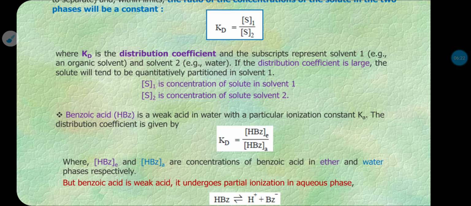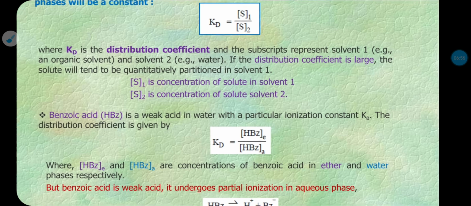Solvent 1 is the organic solvent and solvent 2 is the aqueous solvent, or water. If the distribution coefficient is large, then the solute will tend to partition quantitatively into solvent 1, where S1 is the concentration of solute in solvent 1, the organic solvent, and S2 is the concentration of solute in solvent 2.